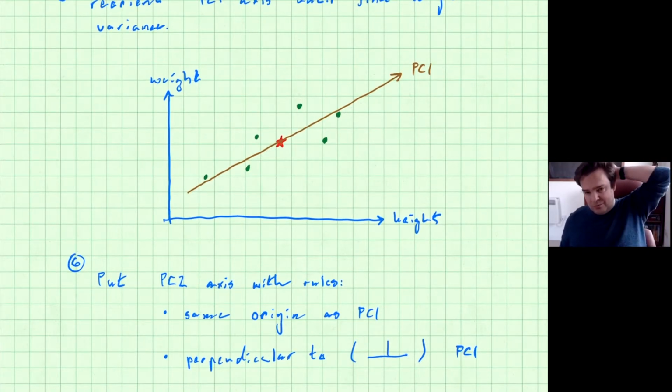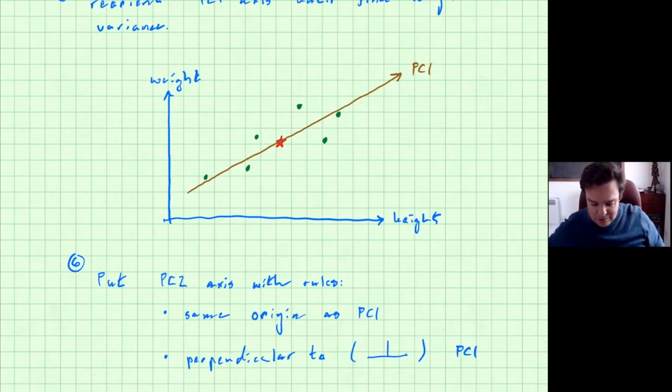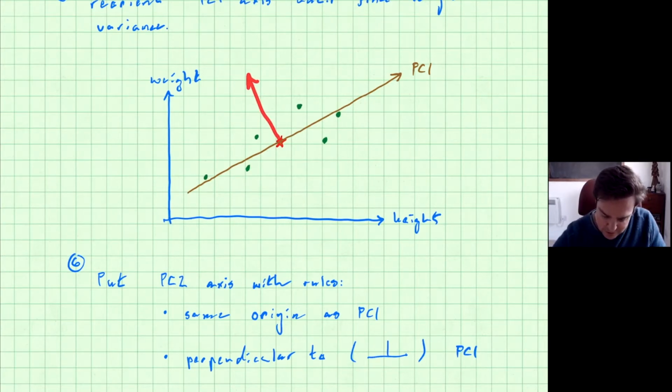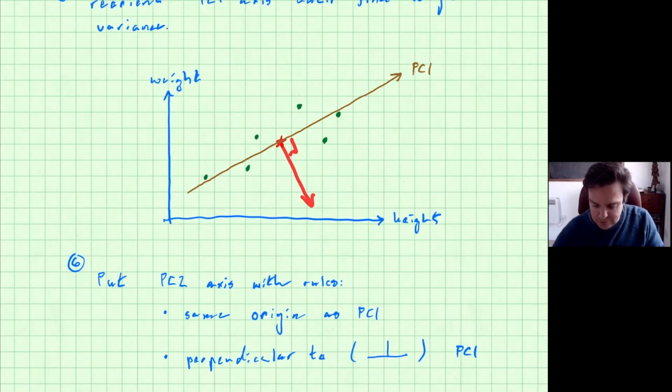The origin is where the red star is, and it's got to be perpendicular to PC1. That doesn't completely determine where PC2 points, but it does almost. You've got only two choices. Either it points up like this, which is perpendicular, or it points down like that, which is perpendicular. There's two ways to be perpendicular to PC1, basically.